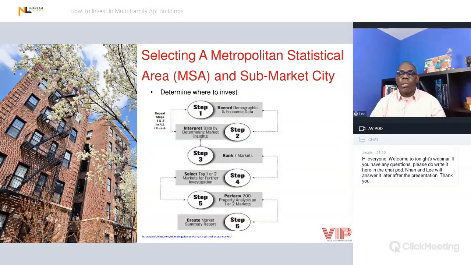So you do that analysis on the 1 or 2 markets, you create that market summary, and then you move forward. I know that that's a lot of information that I just shared with you. Let's start unpacking that, right? So that we can get more into the weeds of what that actually entails.